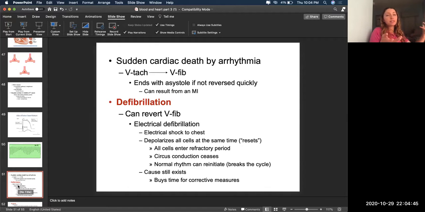But it doesn't fix everything because there's still a problem. Either there's ischemia, there's dead tissue somewhere, the SA node needs a new pacemaker, something's wrong. So it just buys time. It doesn't really save someone for the long term.